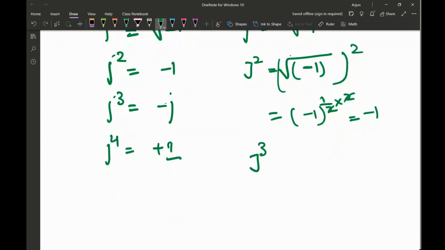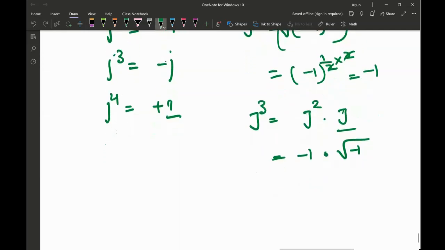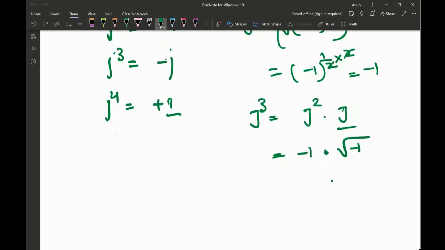Now if I take the cube, I can write it as j square times j, and j square becomes -1, and j is the square root of -1, which I can rewrite as j also, times -1. So j cube will become -j.